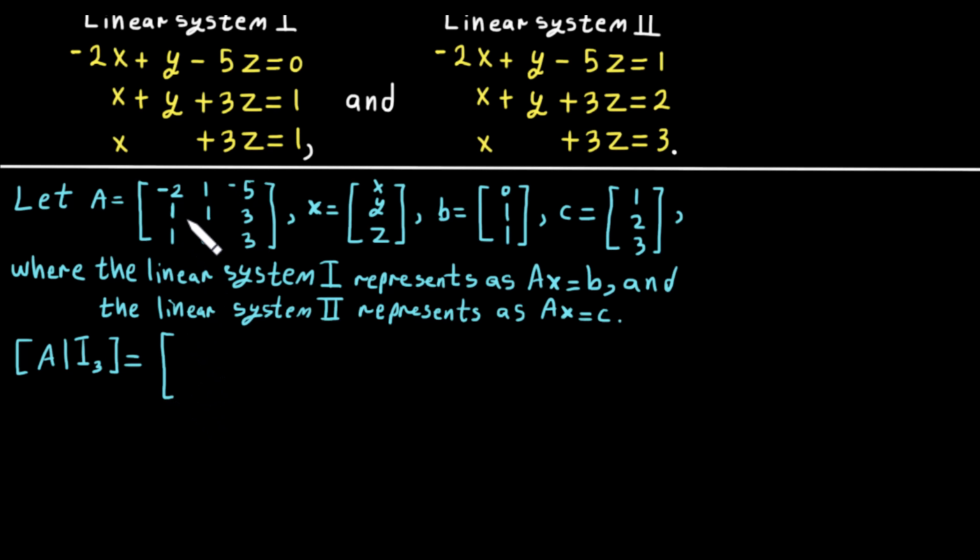I will speed it up. Now I will write the line of the augmented form, then the identity with size 3 by 3, and close the bracket.